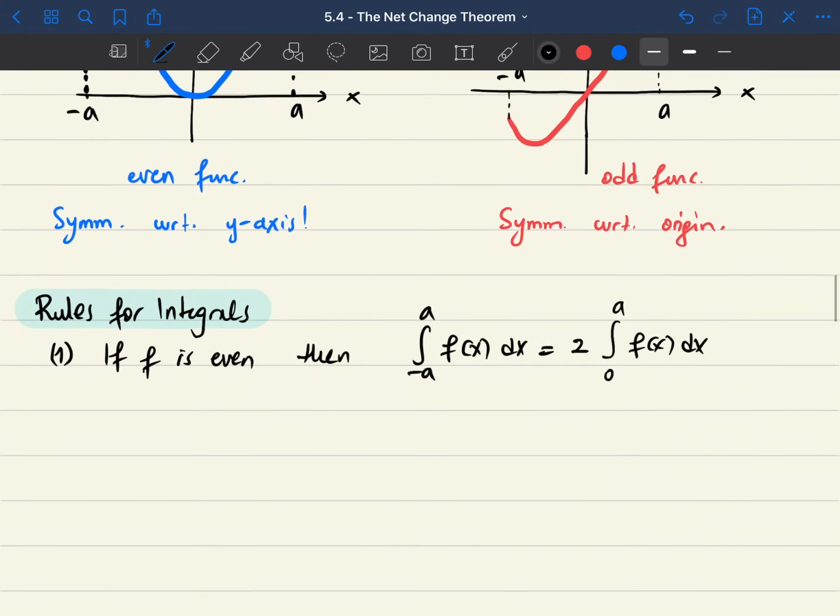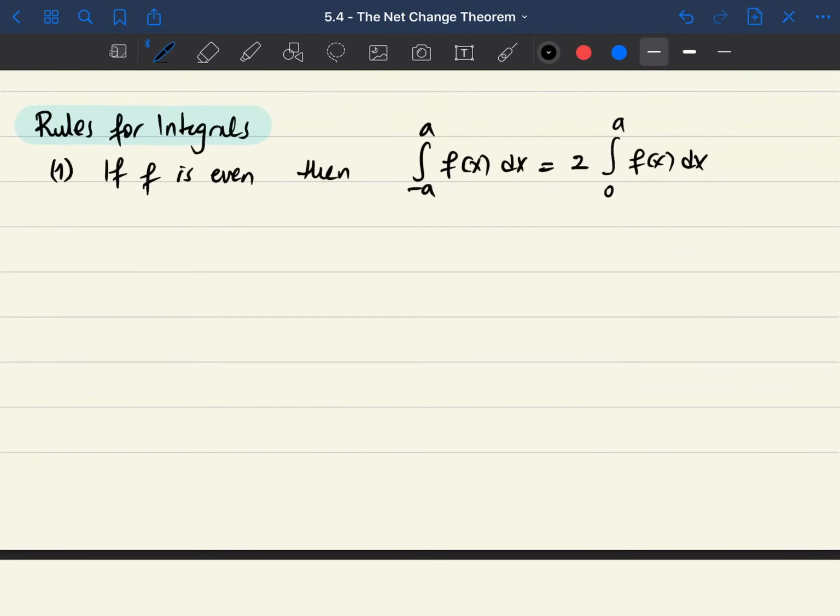Okay, and if you have an odd function, if f is odd, then the integral from negative a to a of f is equal to 0.